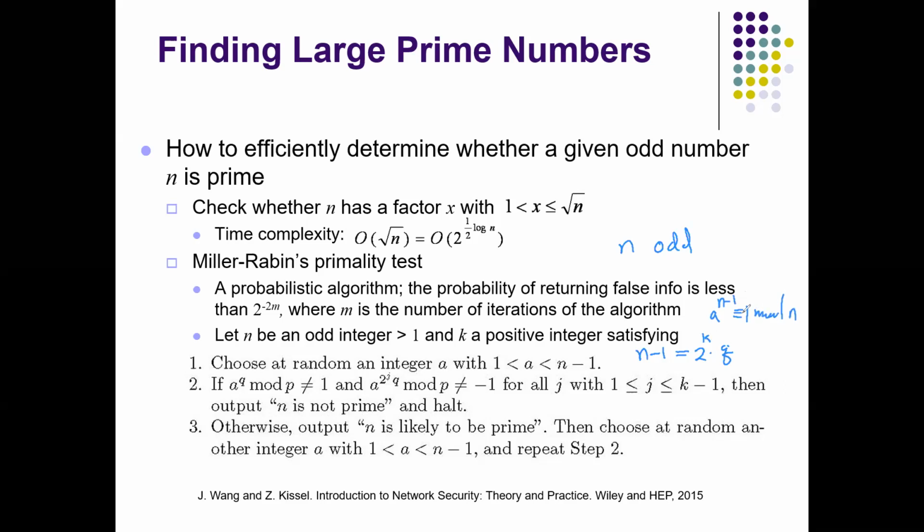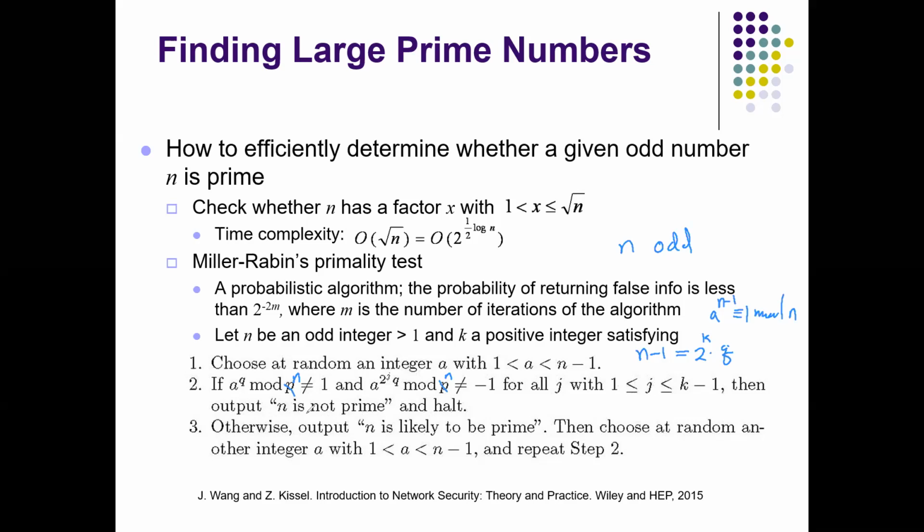Okay, so this test is based on this. Oh, this should be n. So you run this test. See whether a to the q's power mod n is not equal to 1, and a to the 2 to the j's power times q mod n is not equal to -1 for all j.